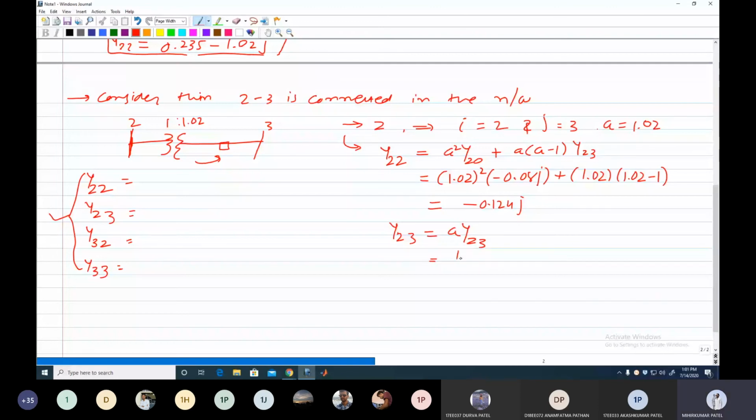So the value of A is 1.02 and y23 is equal to minus 2j. It is A y23, only y23, not minus A.